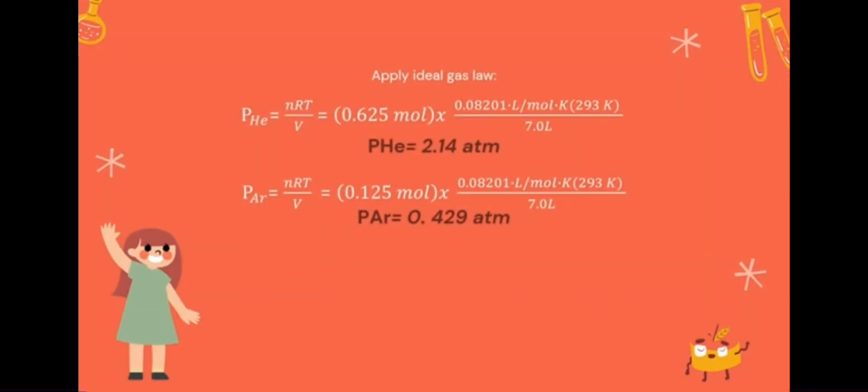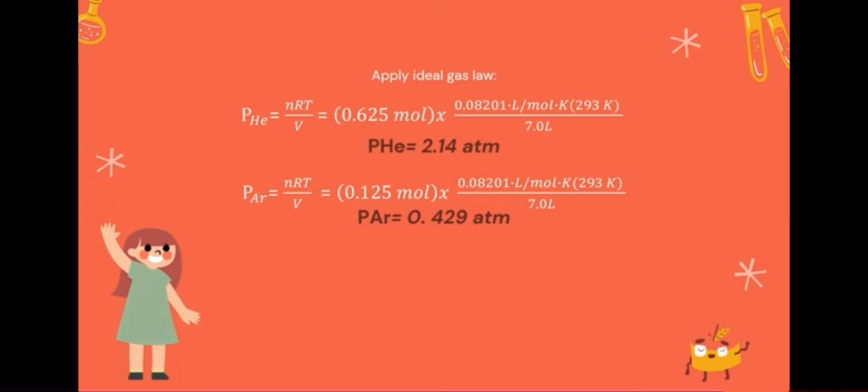using ideal gas law. Using the formula nRT over V, or 0.625 mole times 0.0821 atm times L per mole times 293 Kelvin divided by 7 liters. Compute that and we get 2.14 atm.